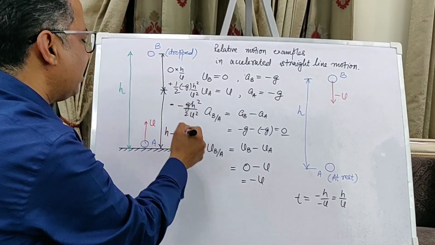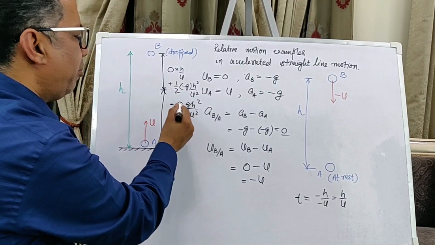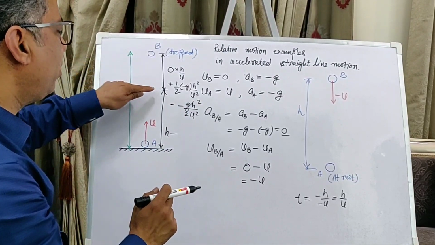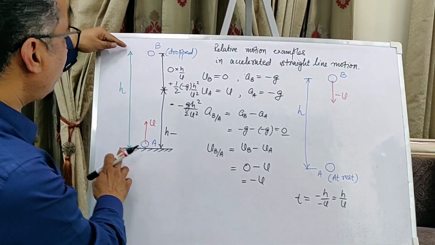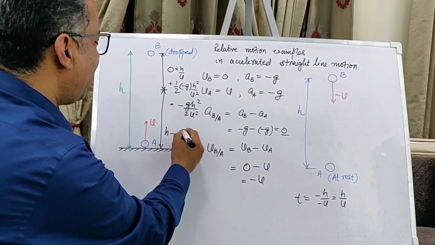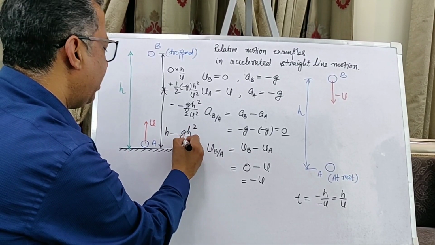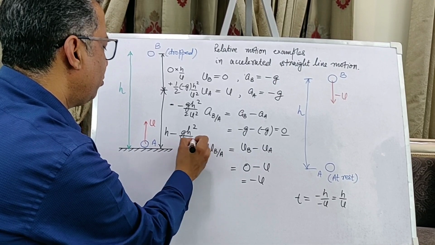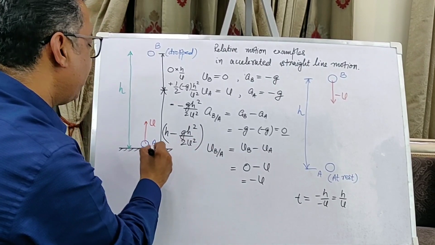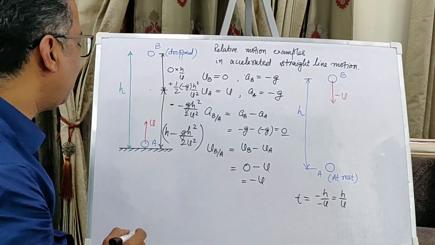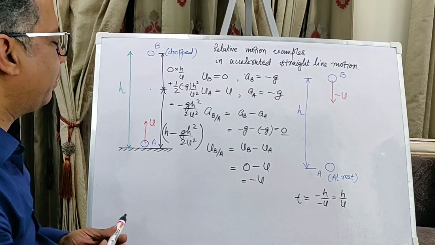If you remove the minus sign, you have this magnitude, and from the height h you remove that magnitude, you end up with h minus gh square by 2u square. This is the height at which the collision between A and B takes place.